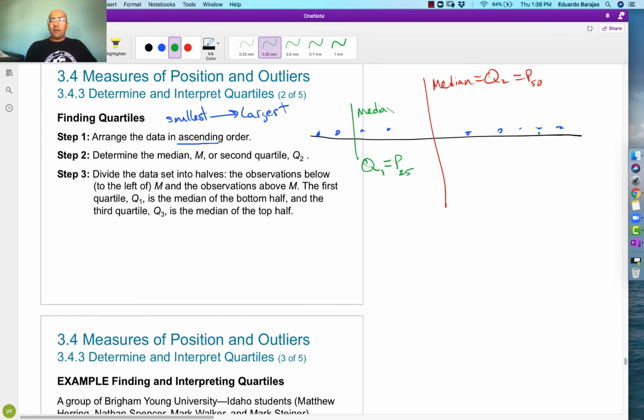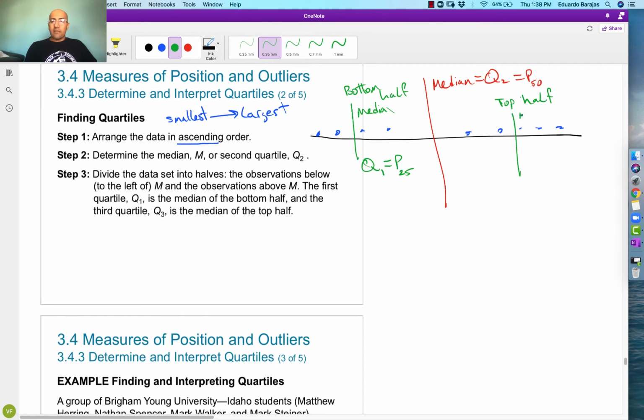And then we're going to focus on the data that's in the top half, and find the median there using our rules for the median.